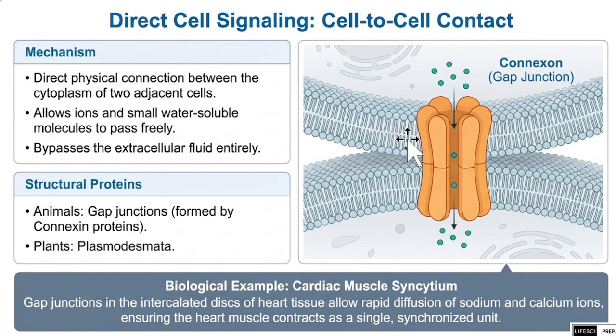So in direct cell signaling, that is cell to cell contact, the two cells come closer, in close proximity, where they can directly contact or share the signal through their plasma membranes or some particular receptors or some channels.